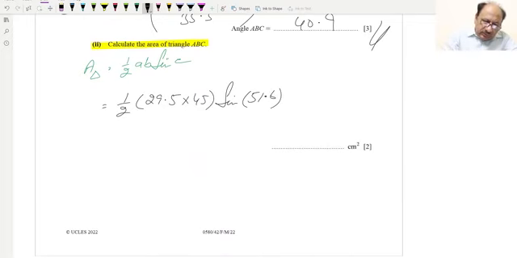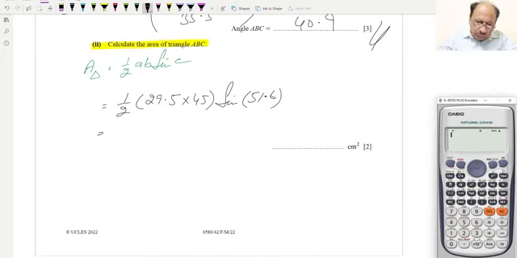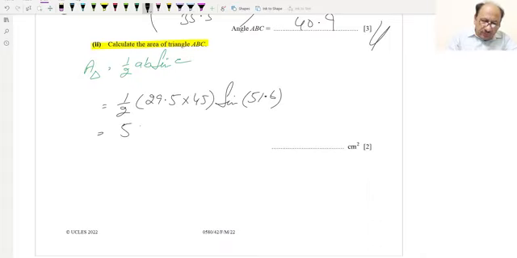This will be equal to 0.5 in brackets, 29.5 into 45 bracket close, and sine of 51.6, and this is equal to 520.176, so 520. We can write centimeters squared for the units, and this is a 2 mark question.